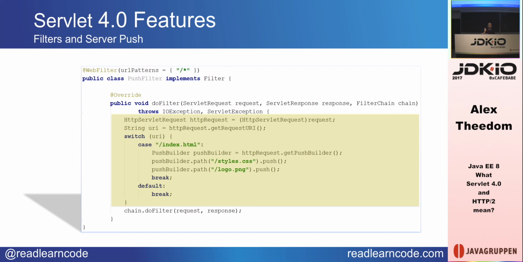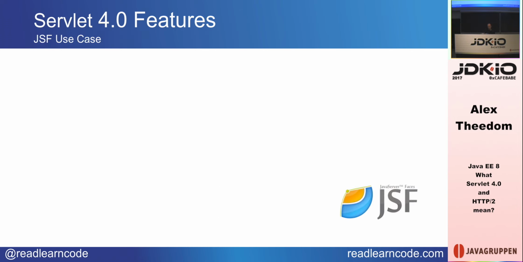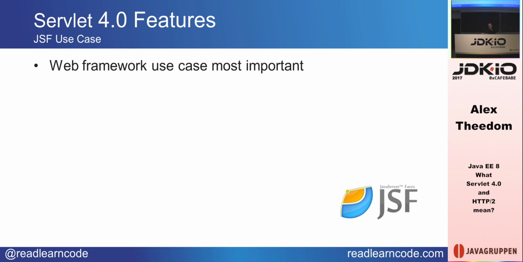There is a PushBuilderFilter that intercepts every single request, analyzes the page, and actually does all of this for you. This here is a very simple implementation. The actual code that Jetty has written is this big, so I haven't got room for that. But this is, again, very, very simple. You are in your filter. You've got access to your servlet request object. From that, you get your push builder, and you continue as you've done before. So you're setting the path and calling push.